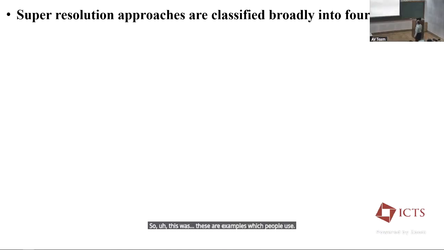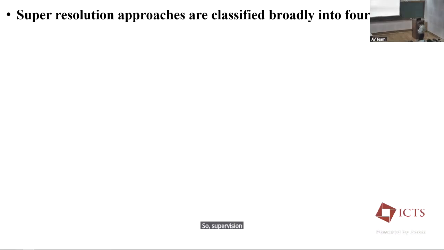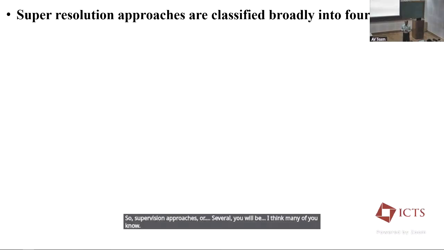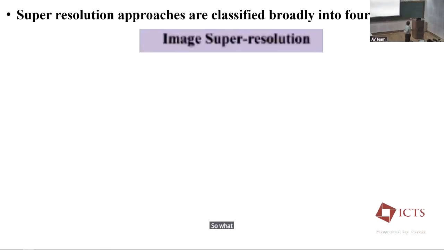Now, since I have 10 minutes, let's talk about the popular ones. We got mathematically what it's all about. So super resolution approaches are several. I think many of you know, it's good to recall the gallery of methods that exist under the guise of super resolution. So what is this gallery of approaches for super resolution images?